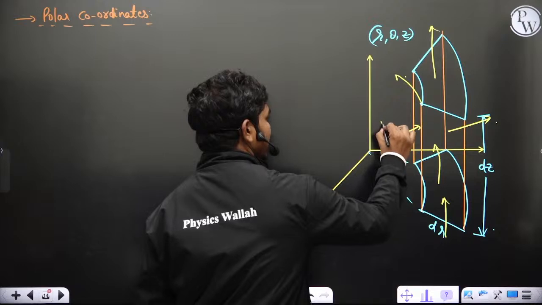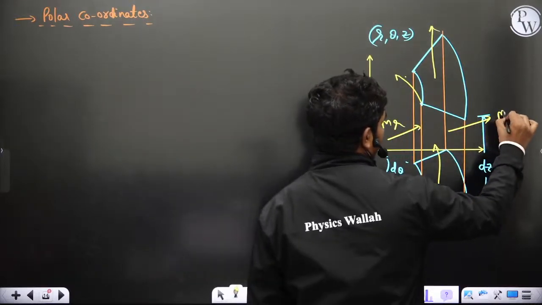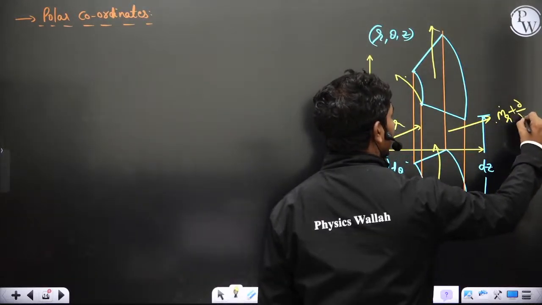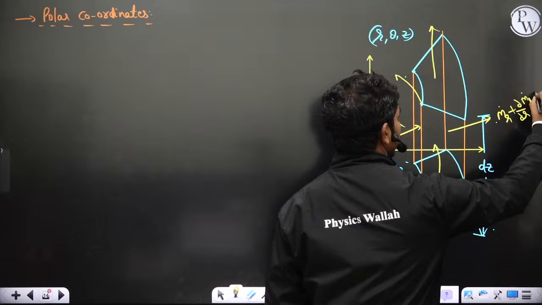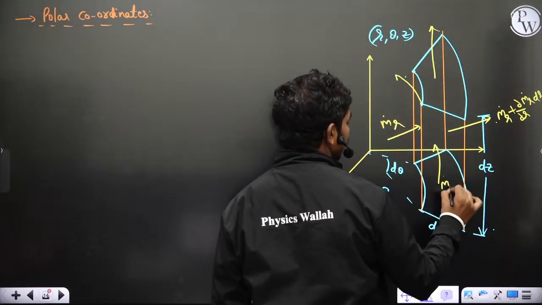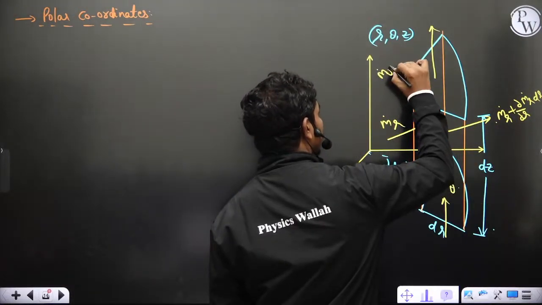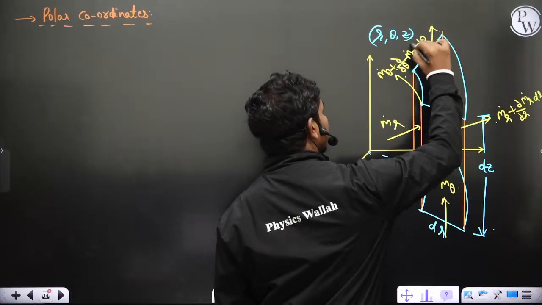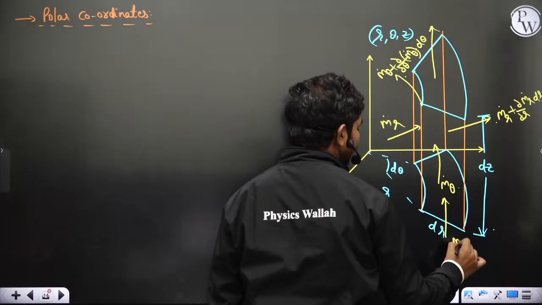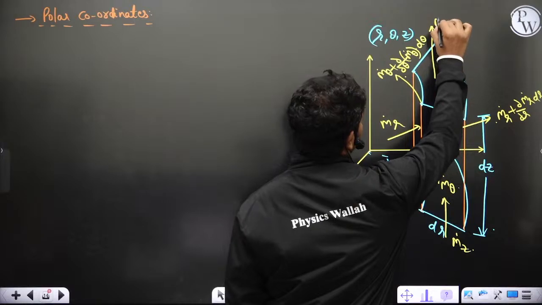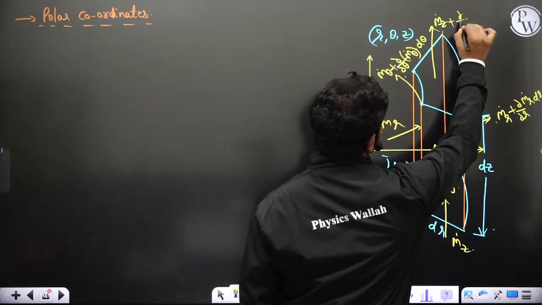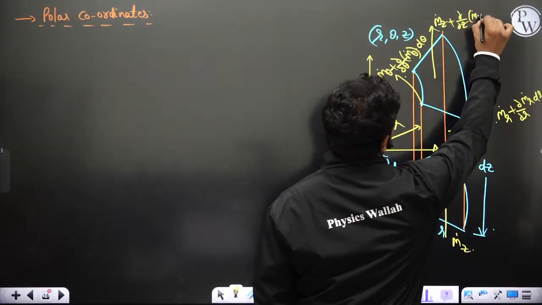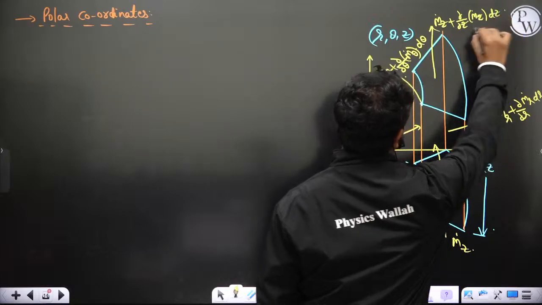Okay. So again, if you write ṁr plus ∂/∂r of ṁr dr, and this is ṁθ, then this is ṁθ plus ∂/∂θ of ṁθ dθ, and this is ṁz, then we have ṁz plus ∂/∂z of ṁz dz. So these are the things.